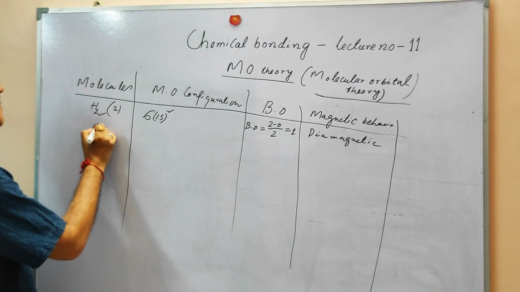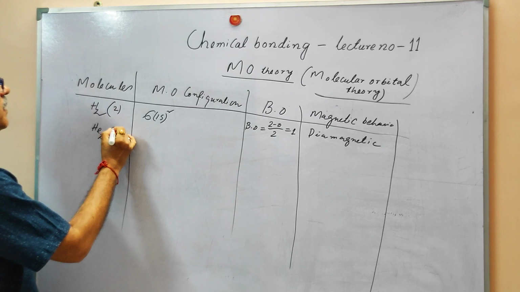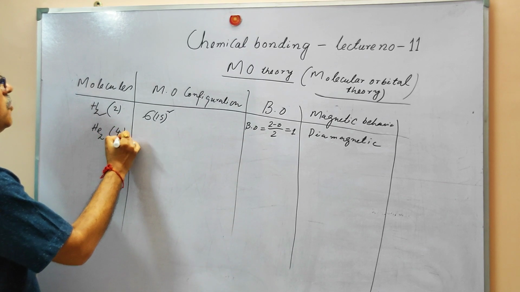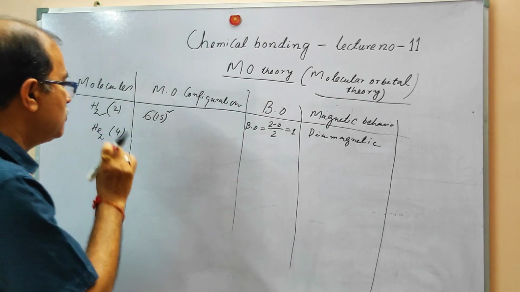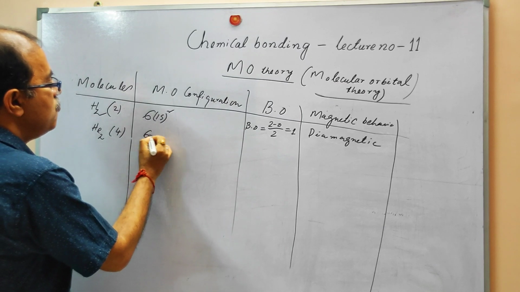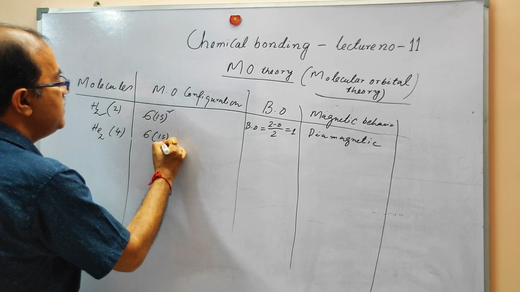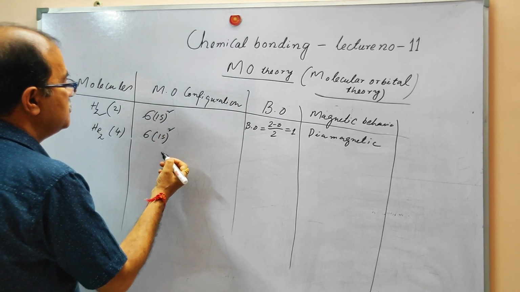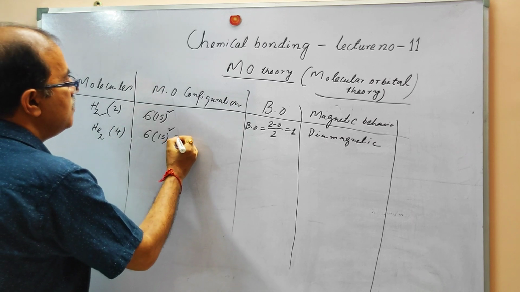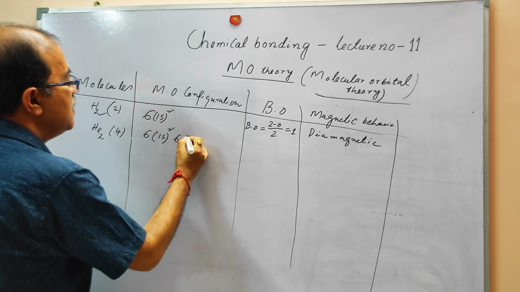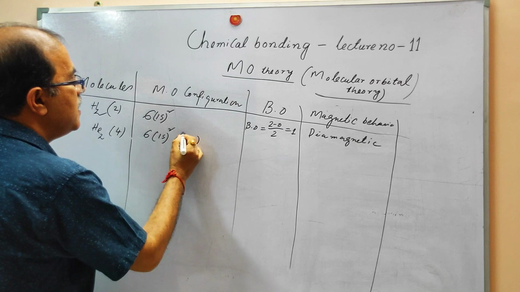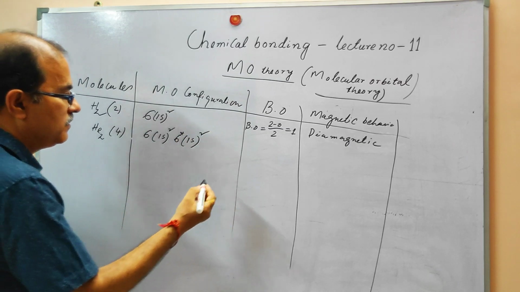Then we are taking the example helium molecule. Helium molecule, we know, will have 4 electrons, and these 4 electrons will be arranged in the molecular orbitals in this fashion: 2 electrons in the bonding molecular orbitals and another 2 electrons in the anti-bonding molecular orbitals.